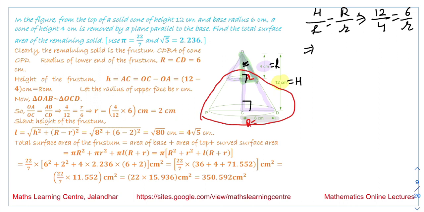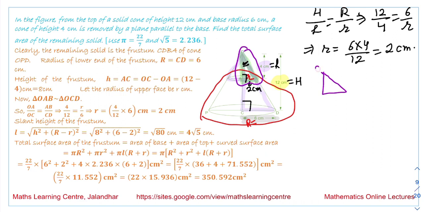This gives us r equal to 6 into 4 by 12, and the answer we get is 2 centimeters. The radius of this portion is 2 centimeters. Now if we look at this triangle over here, OAB, this triangle is OAB.